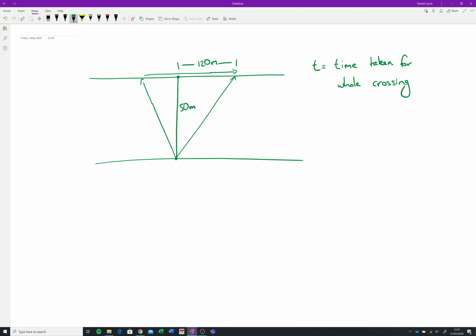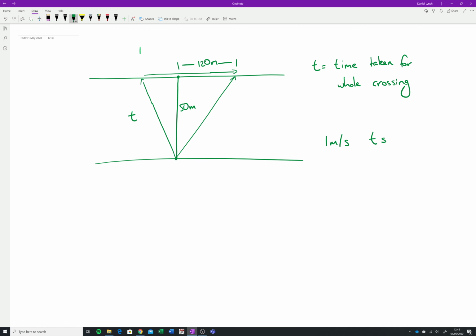If that really is the time taken for the whole crossing, then since she is going at 1 meter per second, and she's going for t seconds, obviously this distance here is going to be t.